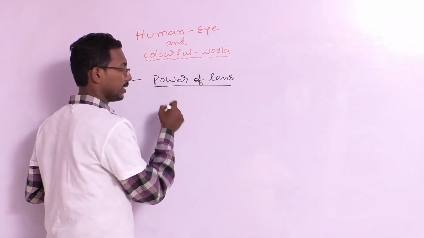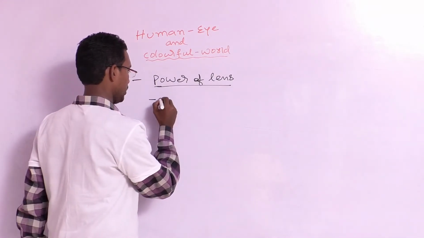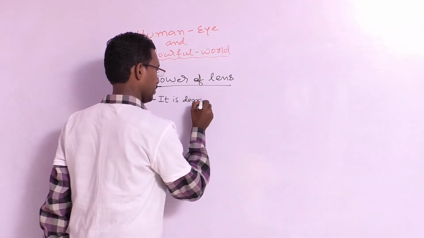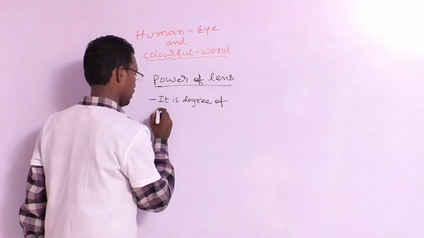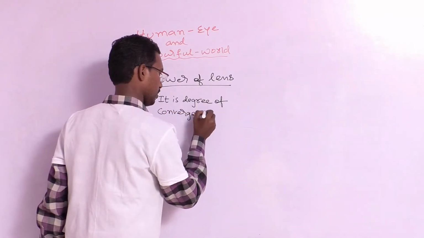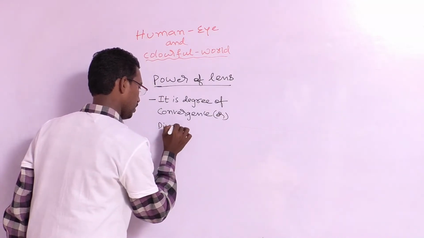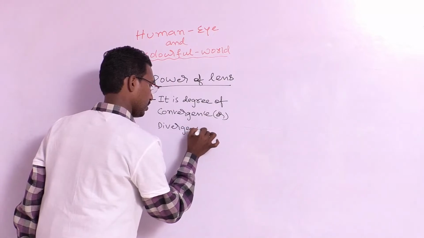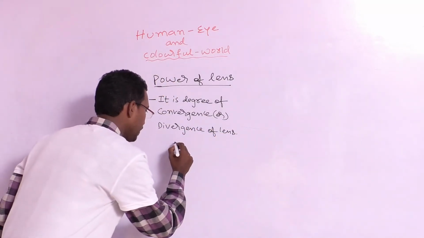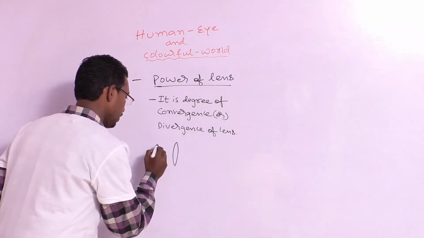It is actually the degree of convergence or divergence of a lens simply. So in this topic we will deal basically with a convex lens.